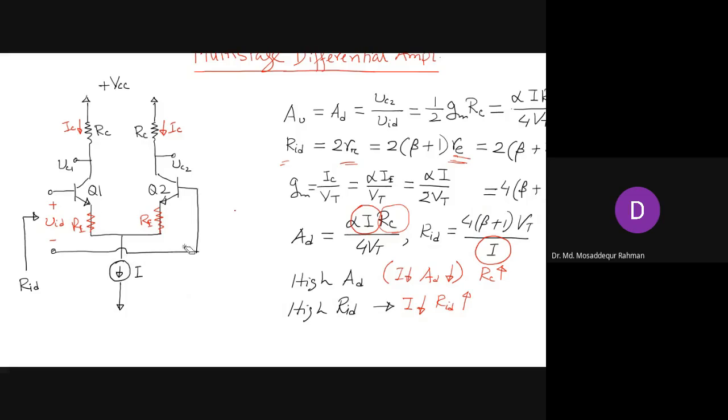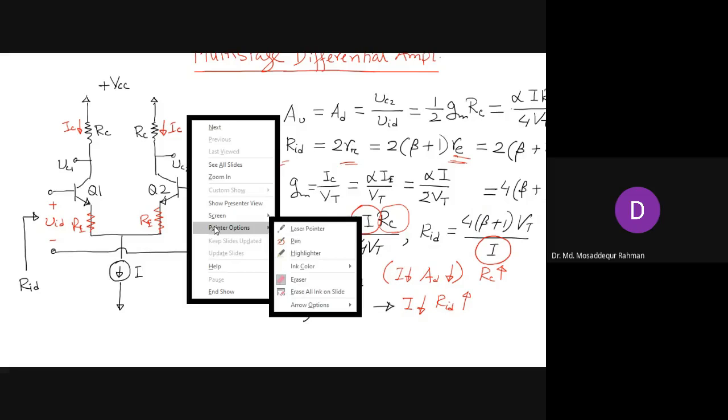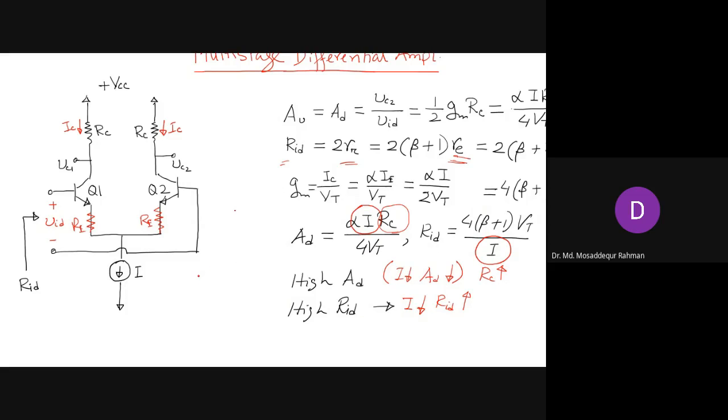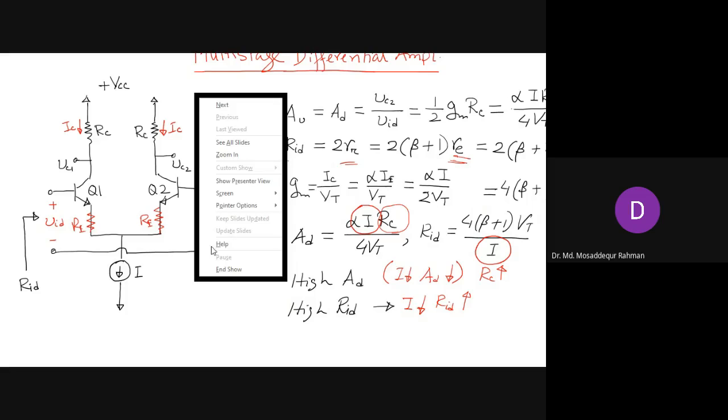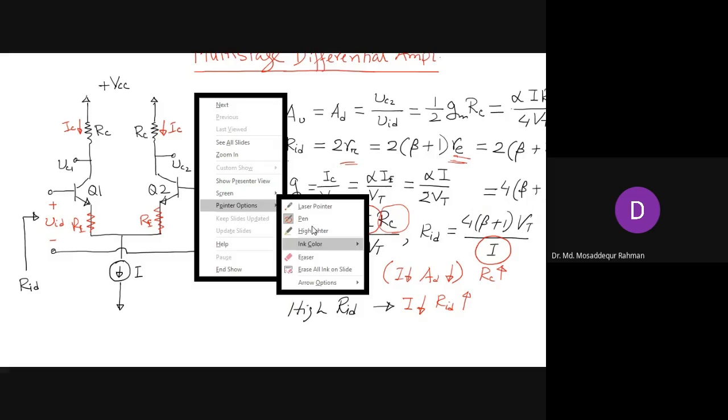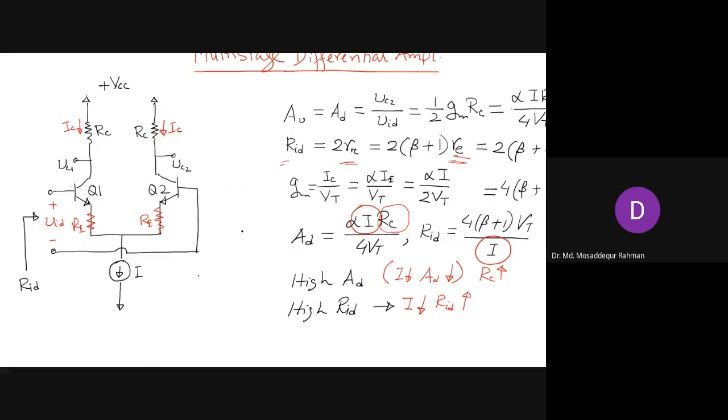So if we add the emitter resistance, then what happens? Introducing the resistance in the emitter circuit will also increase your input resistance.